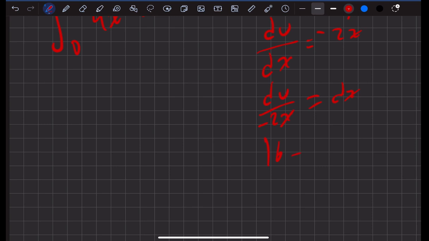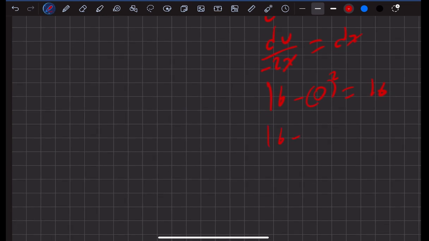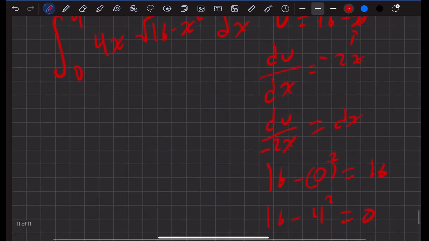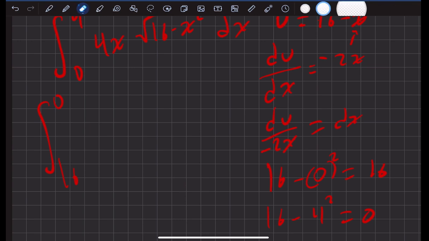So it's 16 minus 0 squared, which equals 16, and then 16 minus 4 squared, which equals 0. Make sure we're paying attention, because now 16 is on the bottom of our integral and 0 is on top, so put them back into the correct locations when we're done with them.